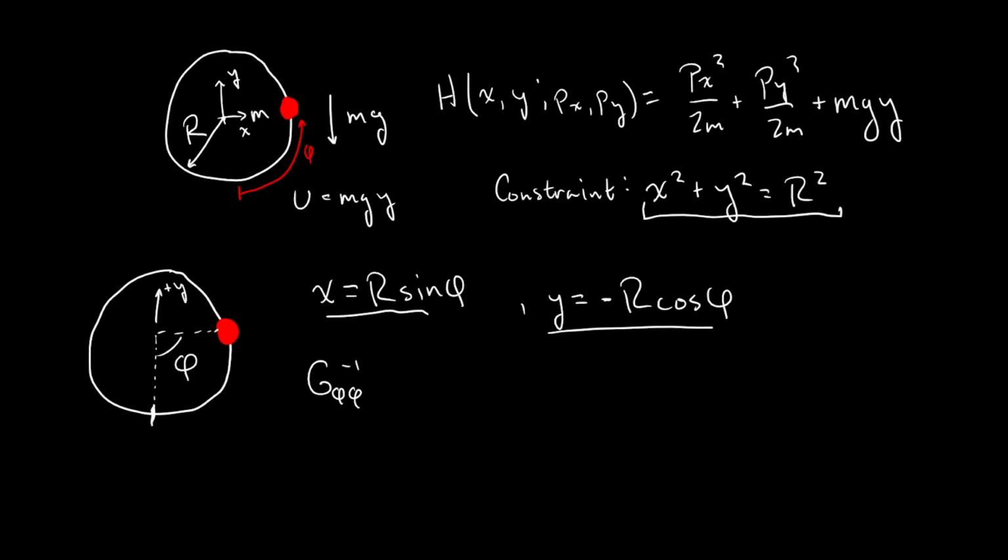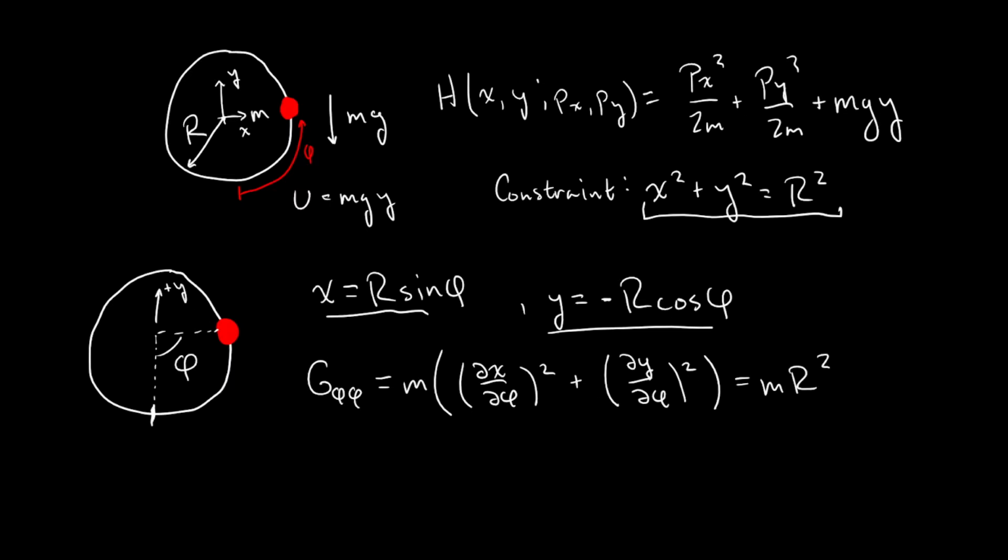But in particular, I'm just going to write down g phi phi. This is easy since we only have a single degree of freedom. So this is g phi phi, not g phi phi inverse. And just by what we did before, this is going to be given by m y dot phi squared, which is m r squared.